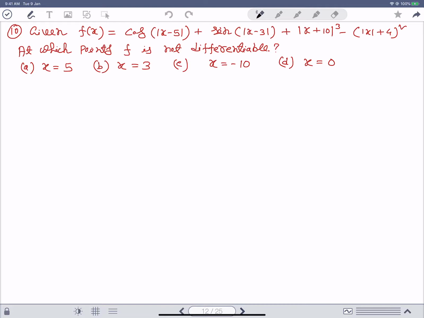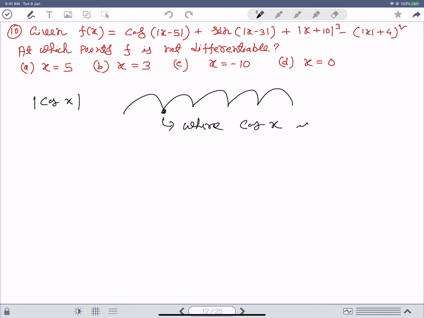As I told you, when you are including that x equal to 5, just remember that when we talk about the sin x and cos x graph, right, okay, just wait. When we take mod of cos x, right, and we have this kind of function, the problem points are where cos x is 0, not where x is 0, where cos x is 0, right.